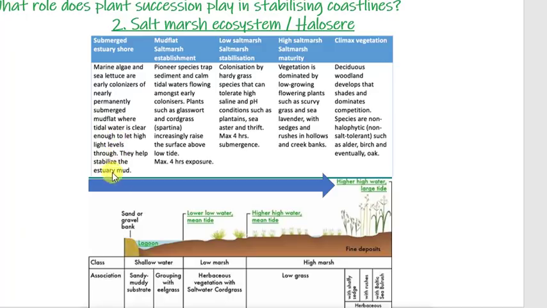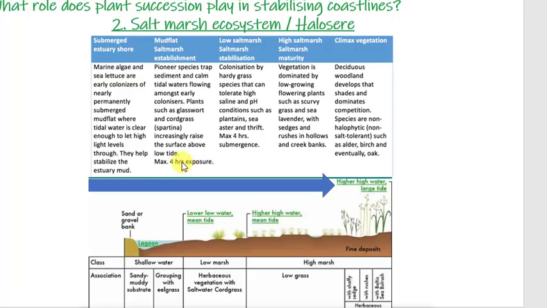They help stabilise and bind together the mud. Because they do that, they have adapted the conditions, so the next set of species can live there as well, and they have a different role. They trap sediment and tidal waters, and that's where your cordgrass and your glasswort come in. And these are also highly adapted, but they can only be exposed for 4 hours a day.